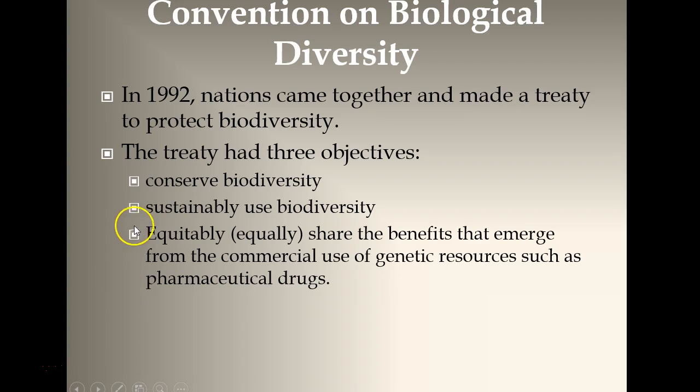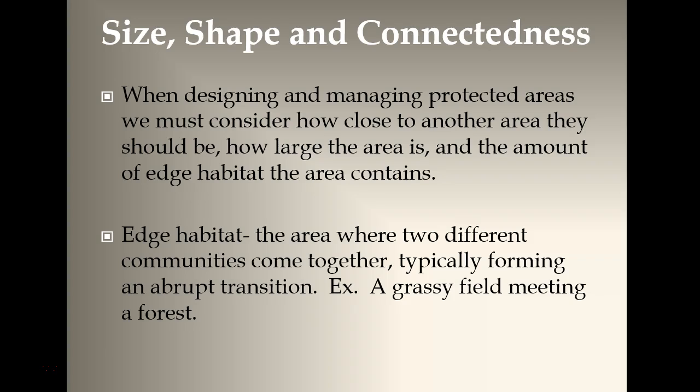Because again, the idea is that we're conserving biodiversity because a lot of plants have been shown to have medical efficacy. So this was one of the things that came out of that, that we're all going to work together to share in the protection. We should also be able to share in the rewards from said discoveries of biodiversity.